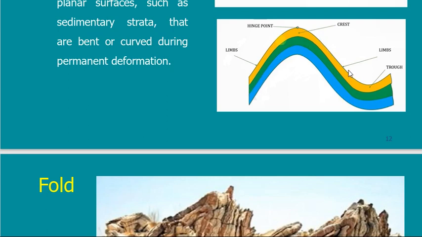So these are as if they are the hands of the fold. And this part on top is called the crest or the hinge of the fold. And here is the trough, the opposite of the crest.